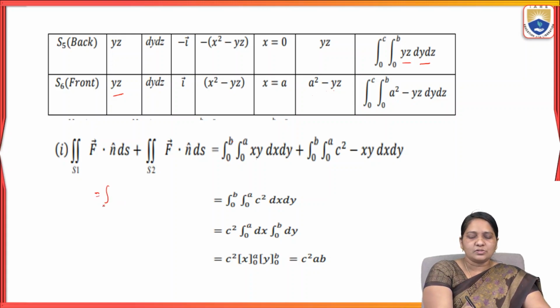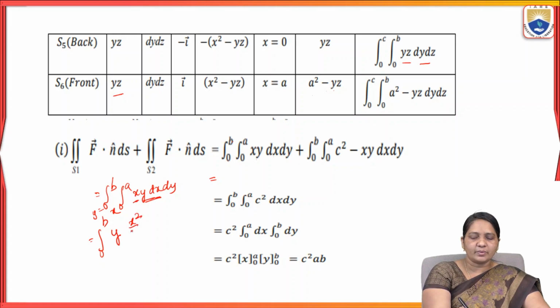So integral 0 to b, integral 0 to a, xy dx dy. These are the x limits, these are the y limits. First we integrate with respect to x. So integral 0 to b, y is a constant, integral x dx. What is the integral of x dx? X square by 2, limits 0 to a, dy.